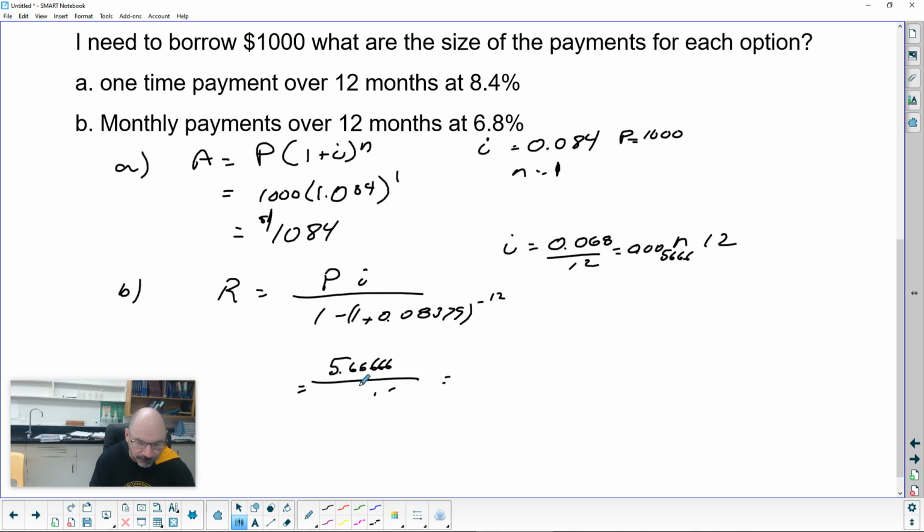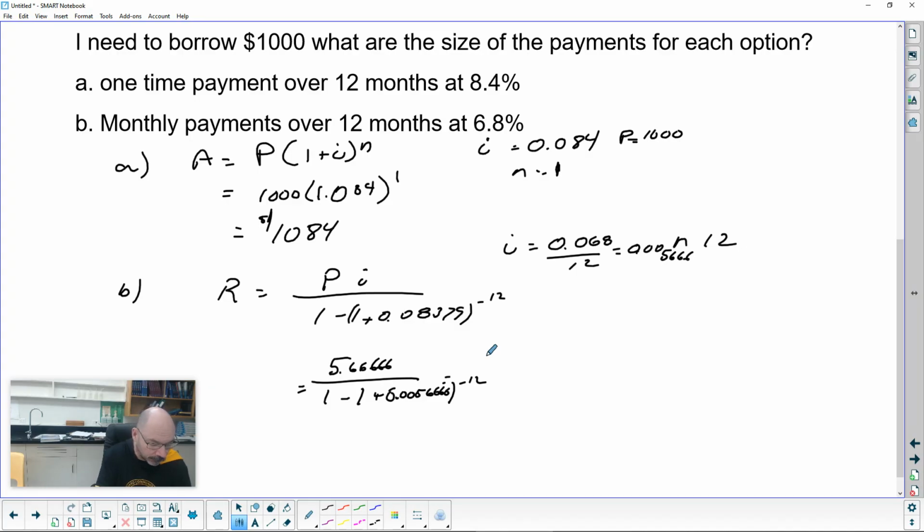Let me rewrite that part. Okay, so let me do that again. That one there, plus 1, raised to the power of -12. There we go, that's better.